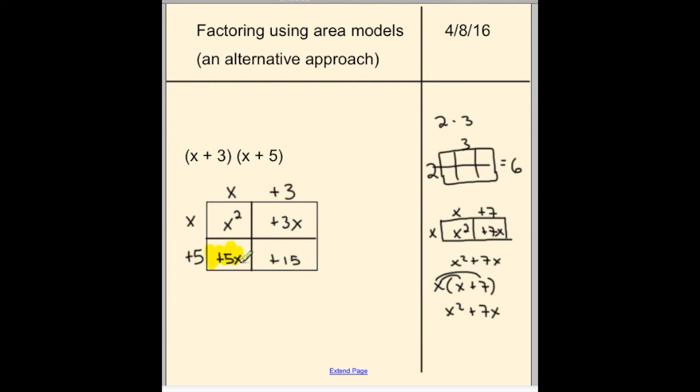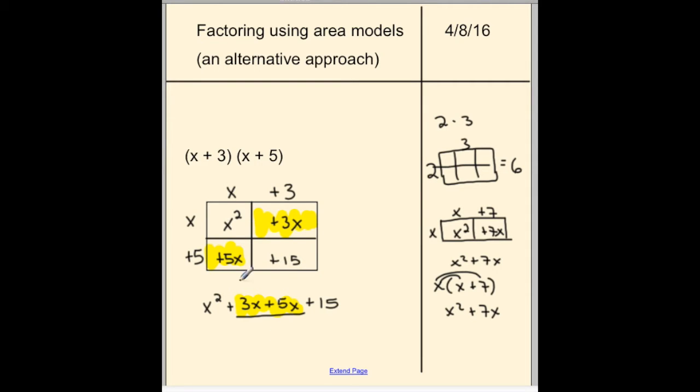Now, of course, these two blocks have like terms in them. So when I write out my 4 terms, x squared plus 3x plus 5x plus 15, I know that I'm going to combine my 2 like terms.